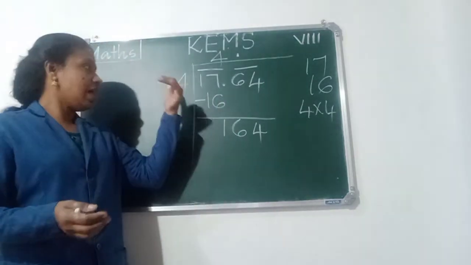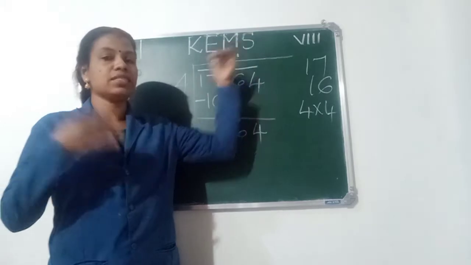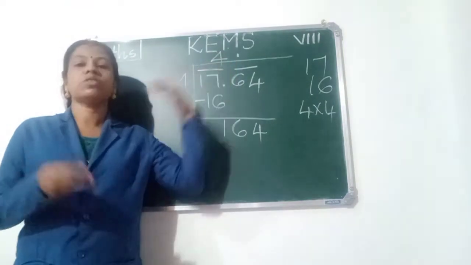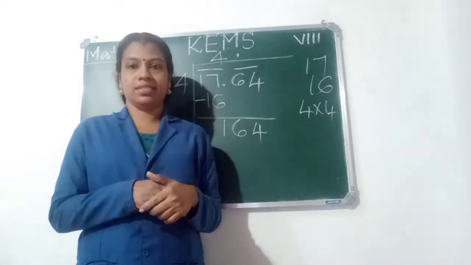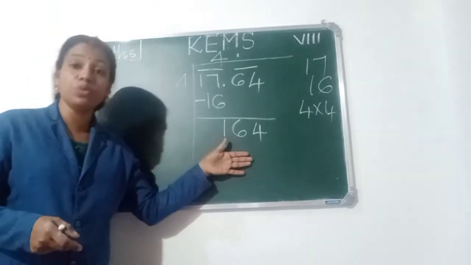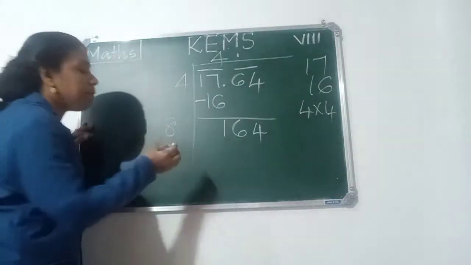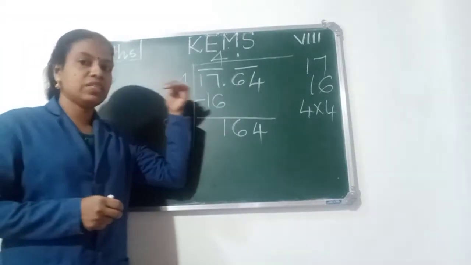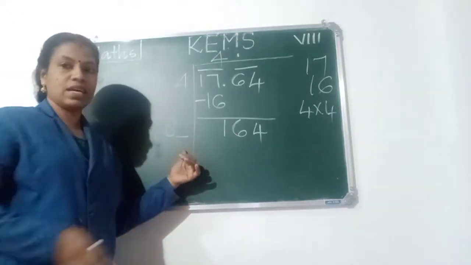Yes, next step, add the divisor and quotient. Just find the sum of the divisor and quotient that we got. 4 plus 4 equal to 8. Write that 8 just near the new dividend, with a blank space on its right side.